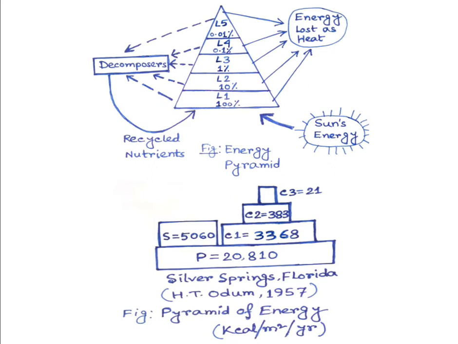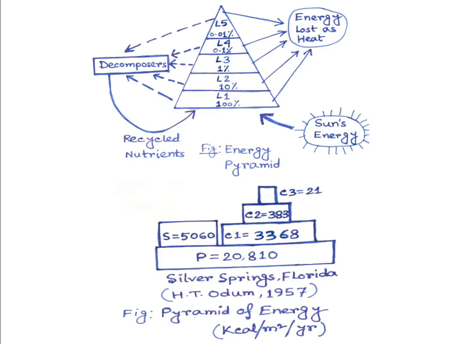The second figure shows a field example of a pyramid of energy. In Florida Silver Springs, the energy contents of different trophic level organisms, as collected by H.T. Odum in 1957 over a period of 1 year, make an upright pyramid.